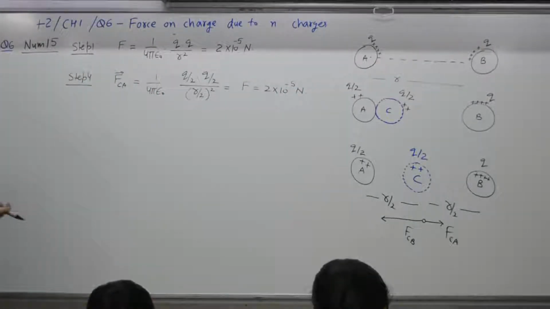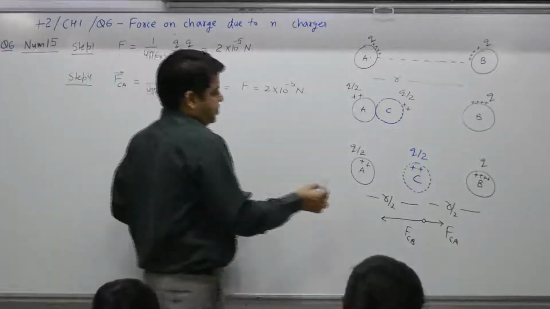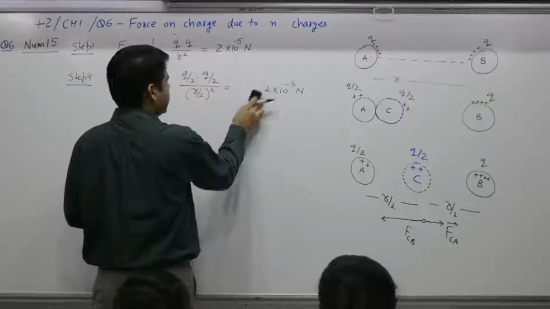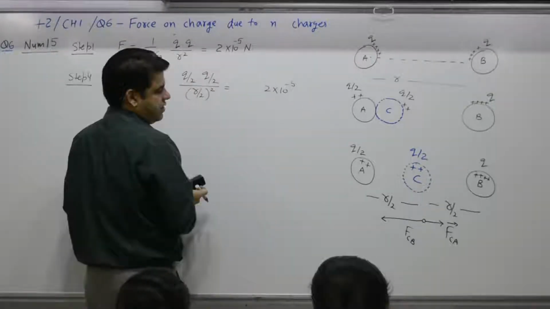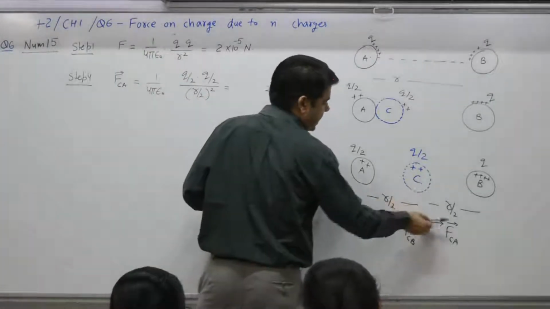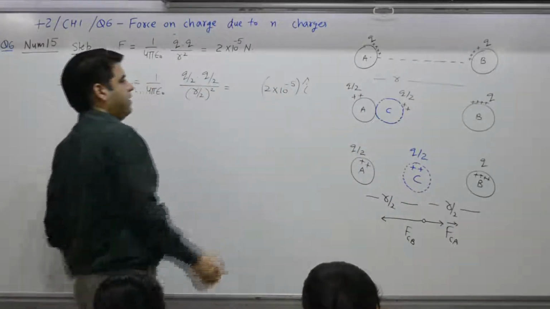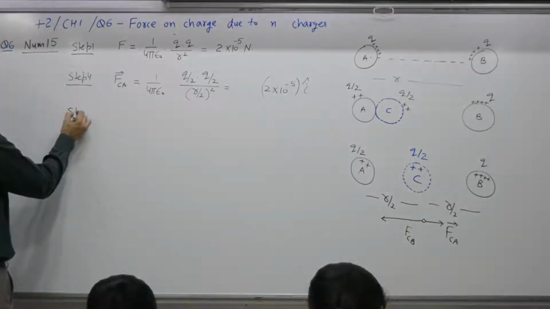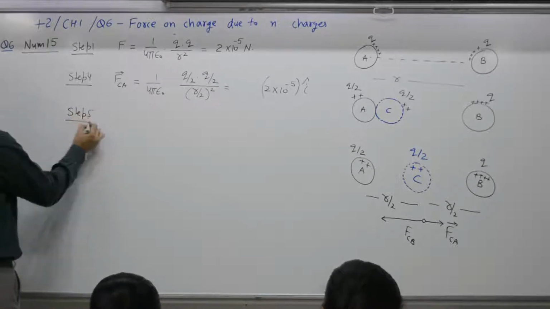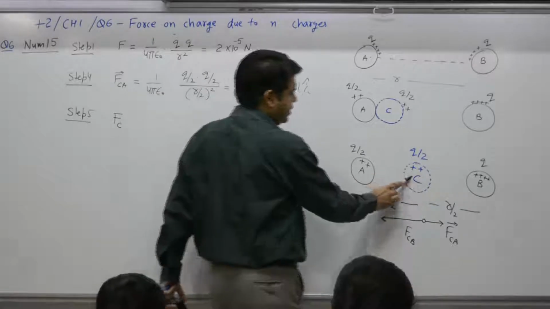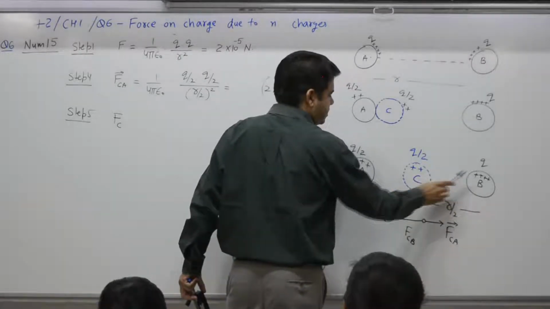Direction, yes. Force on C due to A, towards right. Correct? Force on C due to A as seen by you is towards right. Let me write this as i. Step 5. Force on C, that is on this charge C, due to B. Positive will repel.